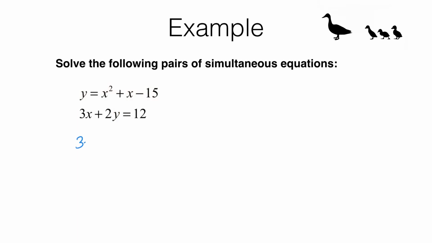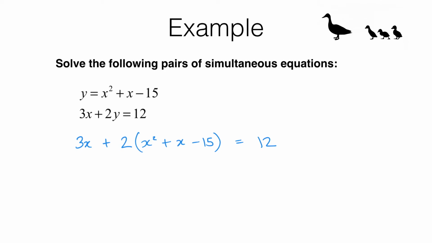We have 3x plus 2 lots of y, so that's 2 lots of x squared plus x minus 15, and that equals 12. Just note the brackets here. We've got 2y, which means it's 2 lots of all of this in brackets.